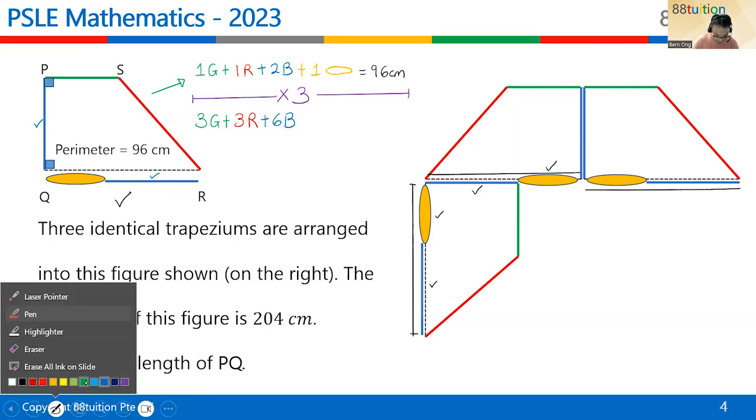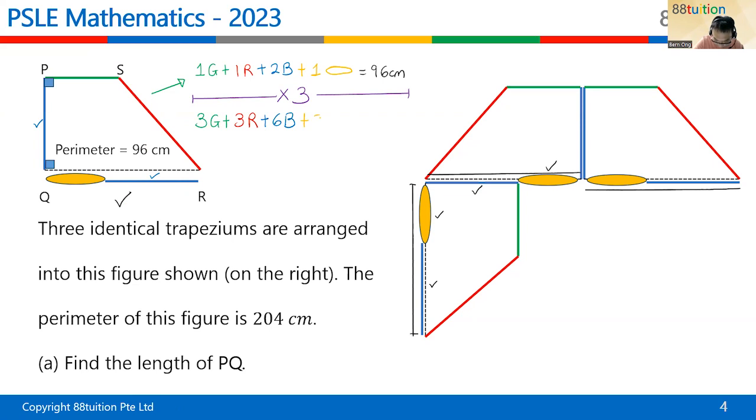And the orange, I will have times 3, I have 3 of this orange. And of course, the grand total of 96, I also need to times 3. Does it make sense? Because there are 3 trapeziums. So using my amazing calculator, 96 times 3 is 288 centimeters. So this is the first clue that I think is important. Is that okay?